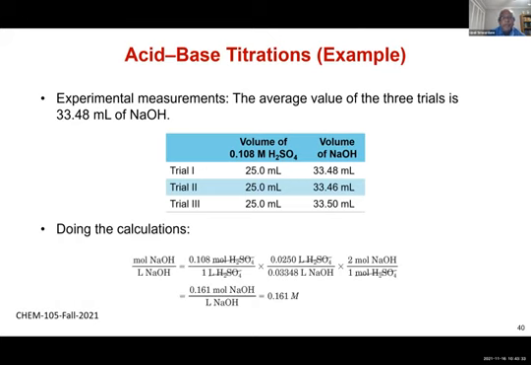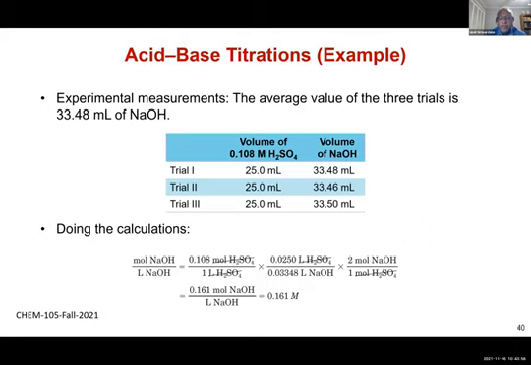Using that, we can calculate the molarity of the sodium hydroxide solution as shown in the following calculation. You start to calculate moles of sodium hydroxide divided by liters of sodium hydroxide.